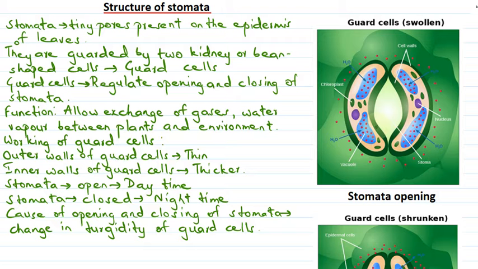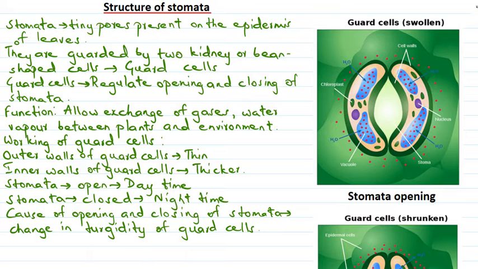Because the turgidity of the guard cells becomes more and the outer walls bulge outside. Here we can see the outer wall which is bulging outside, and because of this what is happening, the inner walls, these are the inner walls that are drawn apart from each other. Okay, so this helps in opening of the stomata. Here we can see that the stomata is being opened.